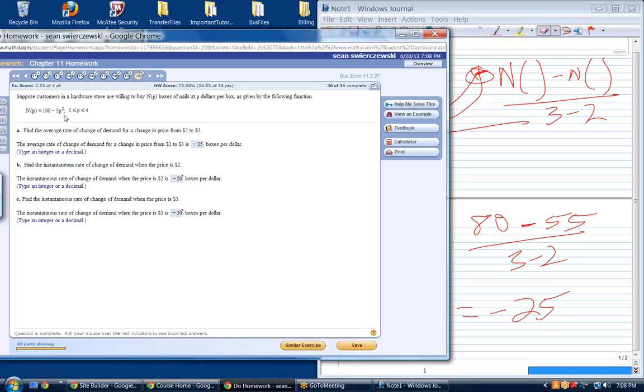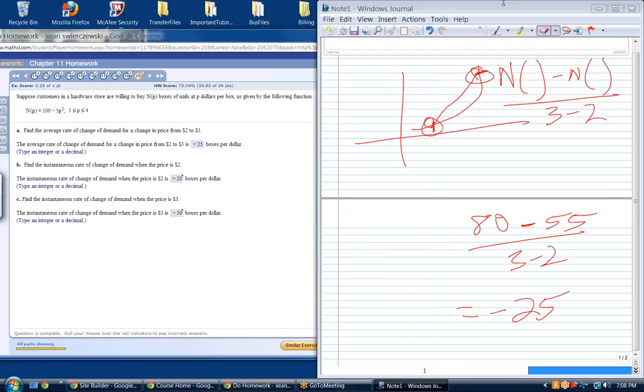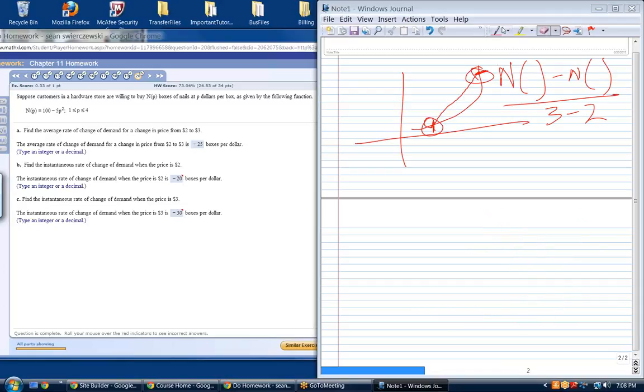So if we take the first derivative of this and evaluate it at 2, that'll give us instantaneous rate of change. That's what calculus is all about: not average rate of change, but instantaneous rate of change. So, do you know how to take the derivative of that? No.